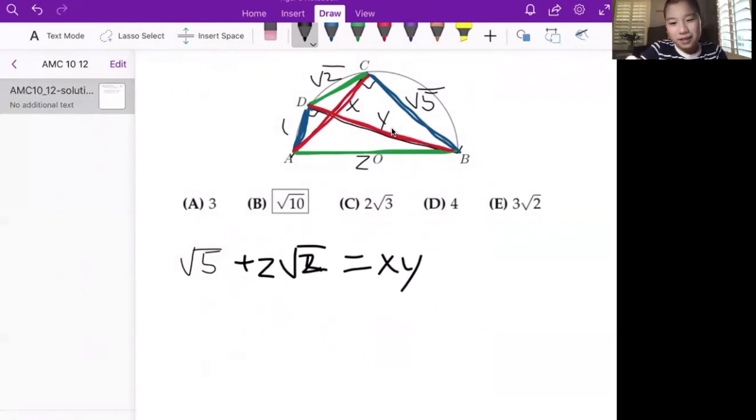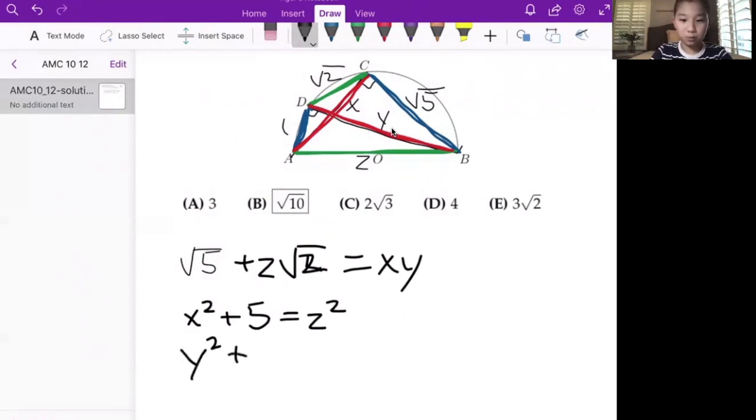We know by the Pythagorean theorem on ABC that x squared plus root 5 squared equals z squared. And then by the Pythagorean theorem on ABD, we have y squared plus 1 squared equals z squared.